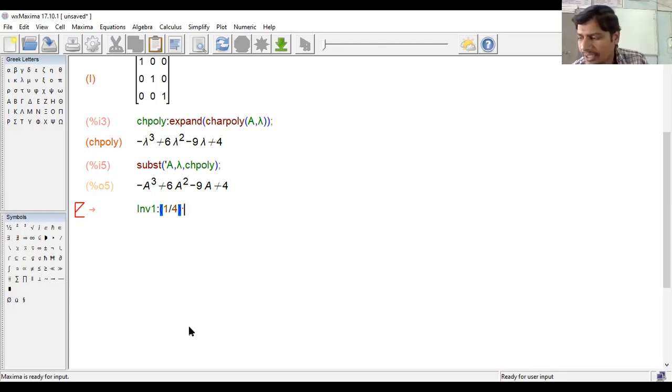Okay, 1 by 4 into A square. A square means you take A double cap of 2, that is A cap of 2, A square minus 6 star A. Okay, A square minus 6A plus 9I, 9 star of I. See here, A square minus 6A plus 9I.